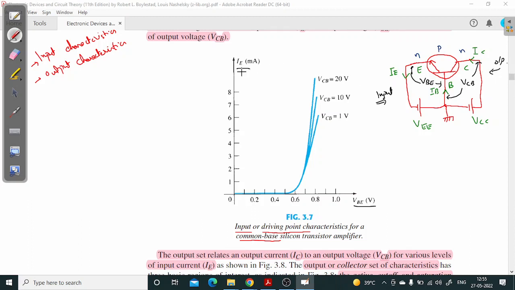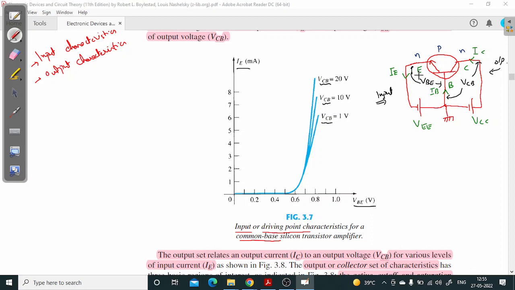So input current versus input voltage for various values of output voltage, VCB 1 volt, VCB 20 volt, or VCB 10 volt, whatever. Now look, for IE versus VBE, what is the input side?